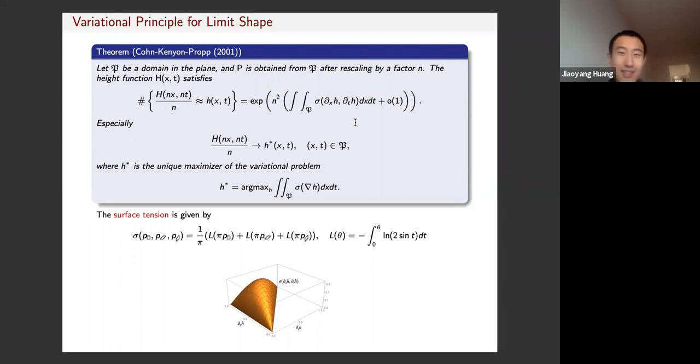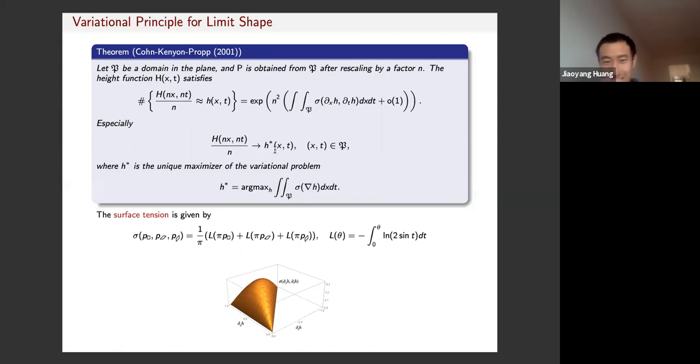With this large deviation result, if you want to know the limit shape, you just take the supremum of the right-hand side. You get this h star, which is the argmax of the rate function. Then you can conclude from this large deviation result that the height function normalized by n converges to h star.